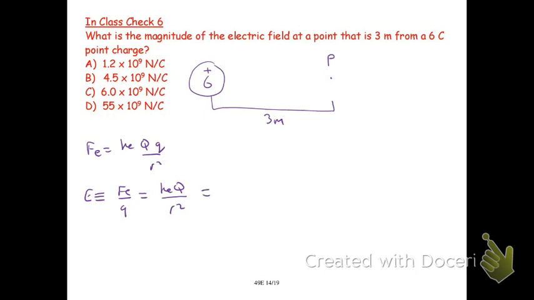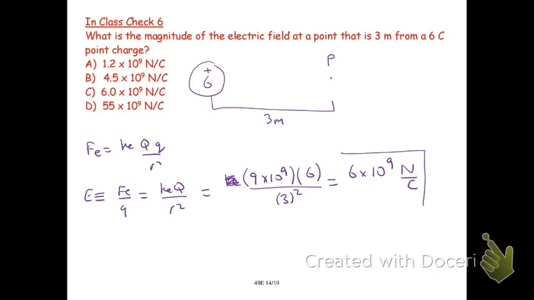And so I come along here and I go, well, Ke times, let's just put numbers in. 9 times 10 to the 9 times Q, good old Q. Q is 6 over r squared, and r is 3, so that's going to be 6 times 10 to the 9 newtons per coulomb. Now, it's a magnitude, so there's no sign needed for it. It's positive.